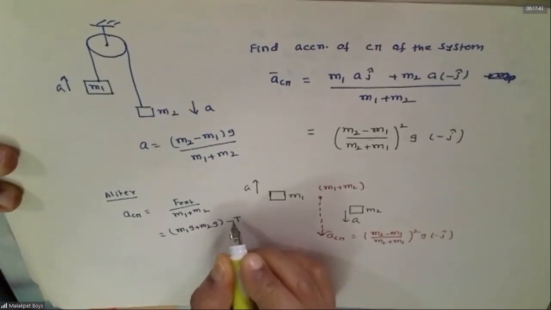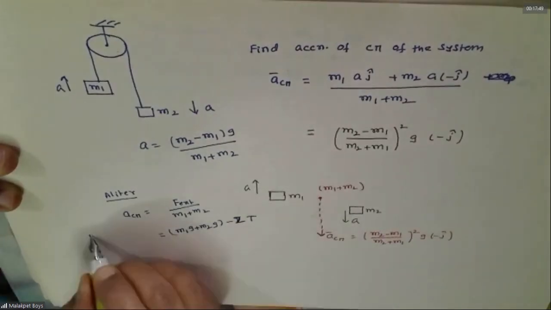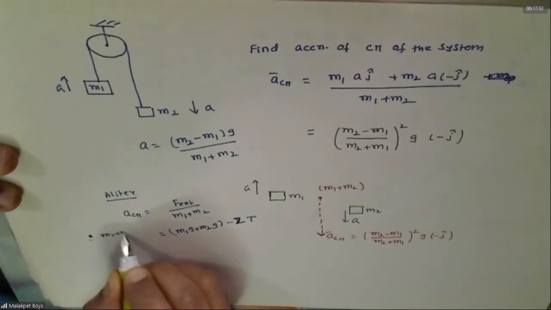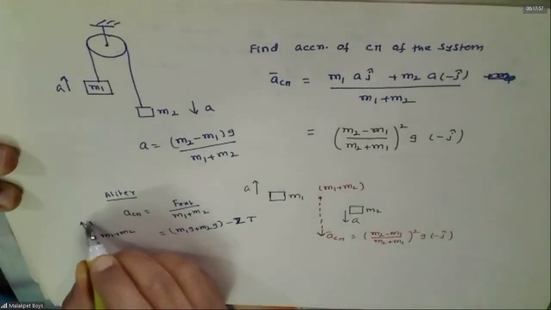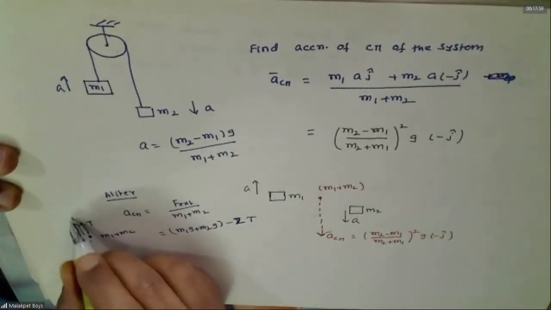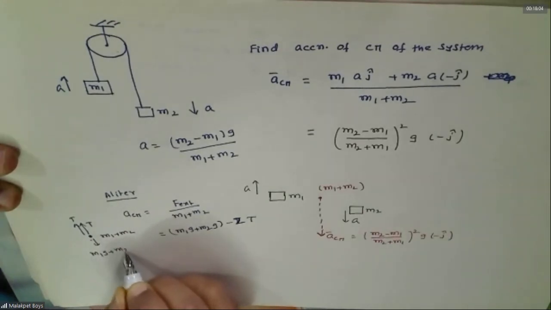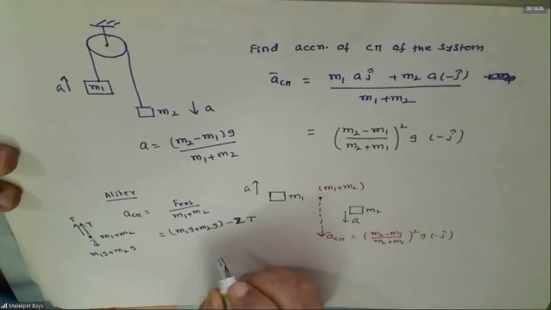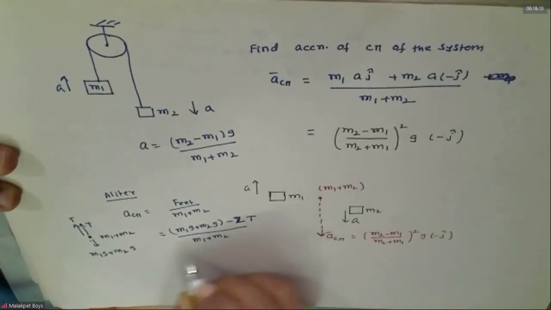Tensions are internal. That means, if you take this total mass as m1 plus m2, you can see that there are two tensions, no? It is the force acting on the system by m1 plus m2.